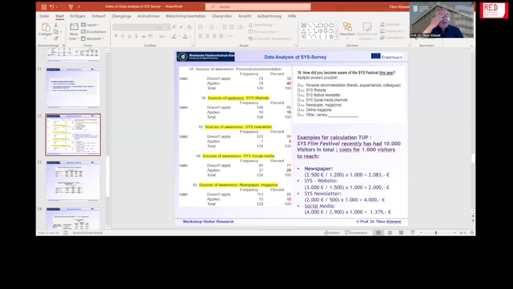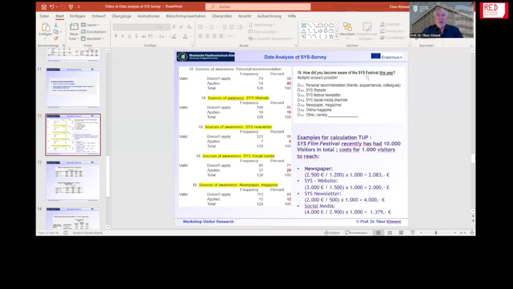What you see here first is we ask our visitors for the sources of awareness. Here you see on the right side the part from the questionnaire that covered this question.